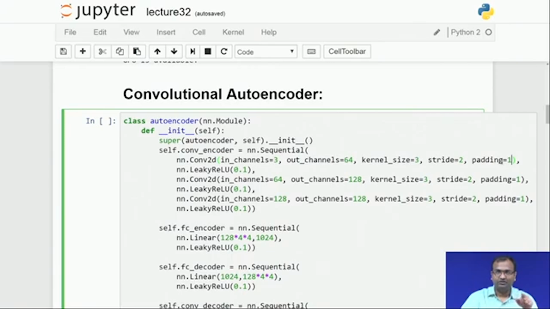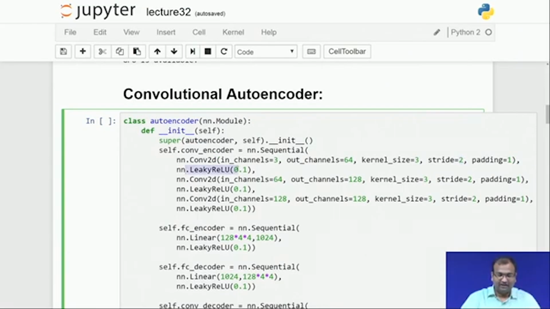So, it becomes 32 minus 3 plus 2 over there. So, it becomes 32 minus 3, which makes it 29, and then I do a plus 1 over there, which makes it 28, and that whole thing divided down by my stride of 2. So, that brings it down into a 14 cross 14 size over there.